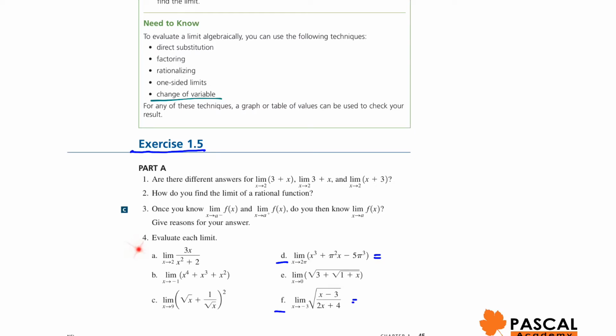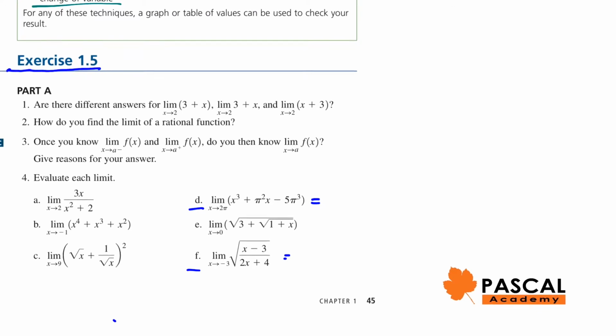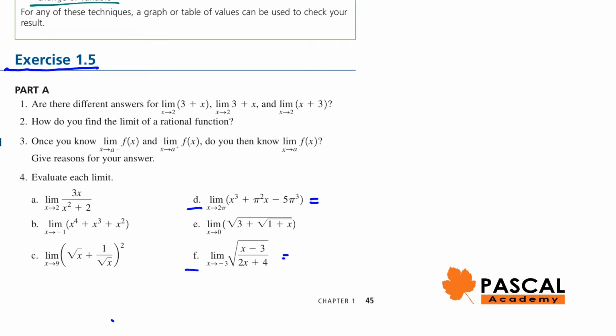The first question is question 4, Part D. Evaluate each limit. We know to find the limit of a polynomial function, we use direct plug-in. If we plug in 2 pi into the function, we find the limit.